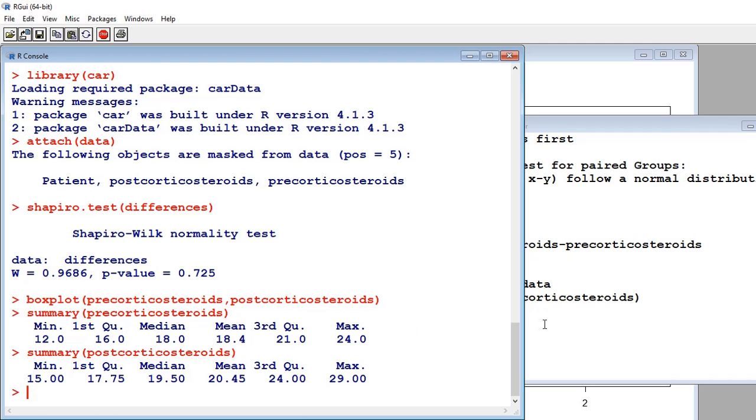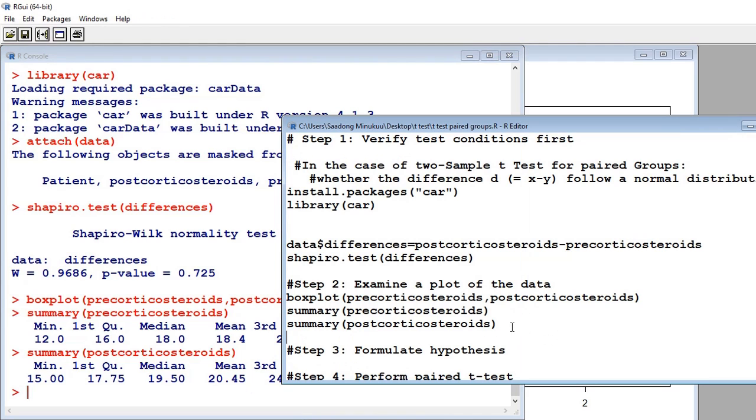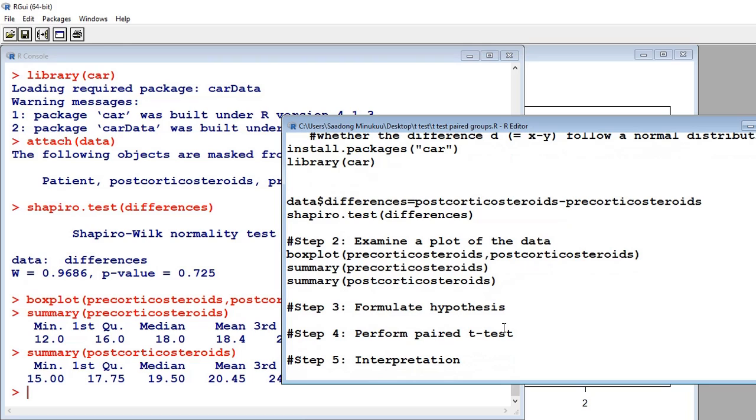Now, somebody could also observe and say, you know what, this difference is not that much. 18.4 and 20 is almost the same. So let's simply formulate our hypothesis. We try to conduct, let's say, a two-tailed test.